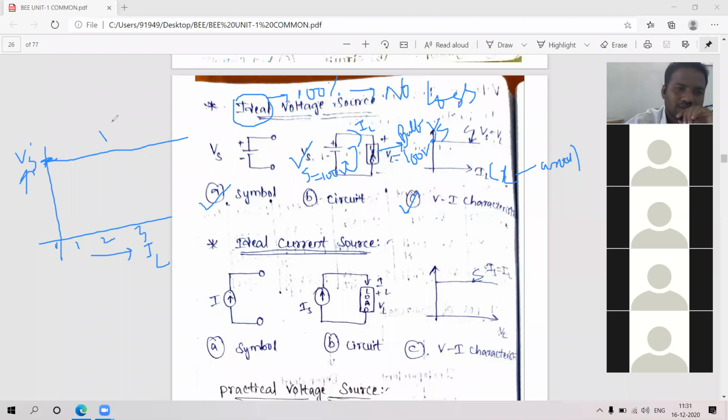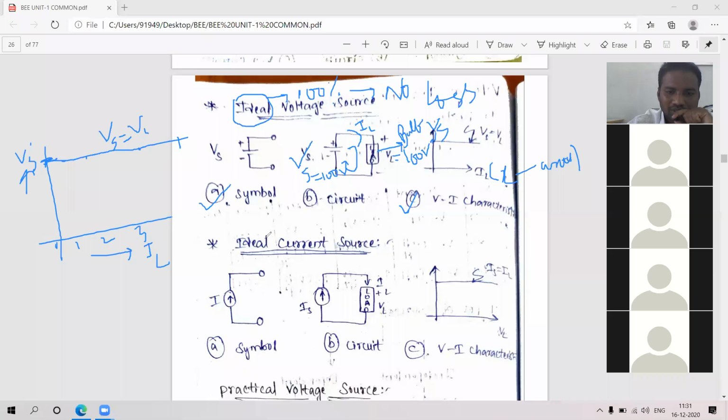This is the graph for VL. So we can say that Vs is equal to VL, which always maintains the source voltage. Suppose here it is 100, here also 100, here also 100 volts. That is the ideal voltage source.